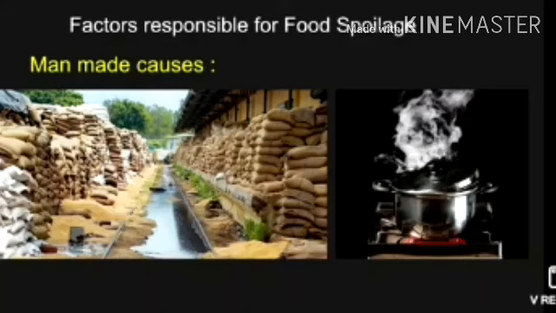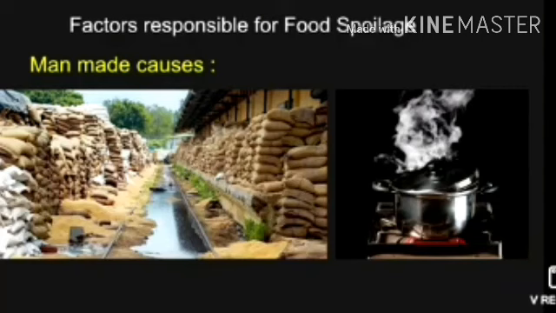Then improper storage, for example in a damp place, as when we store the food material in a damp place, after some days it gets spoiled. Again, there can be a problem in transportation from one place to another, as if we do not keep the food material or grains properly, it creates food spoilage.